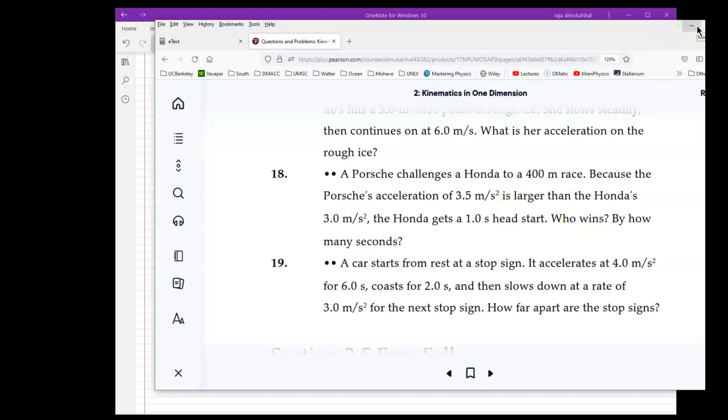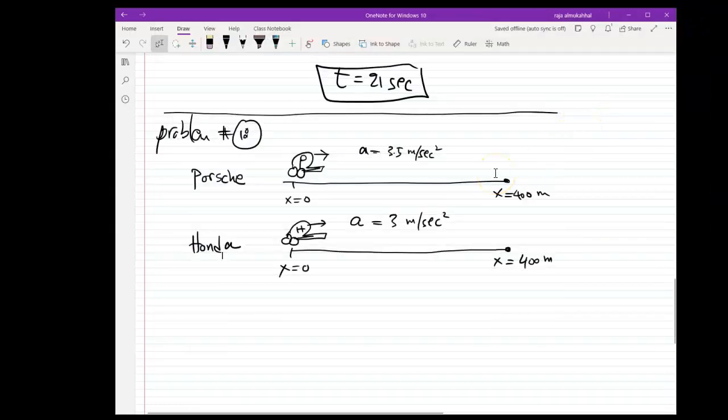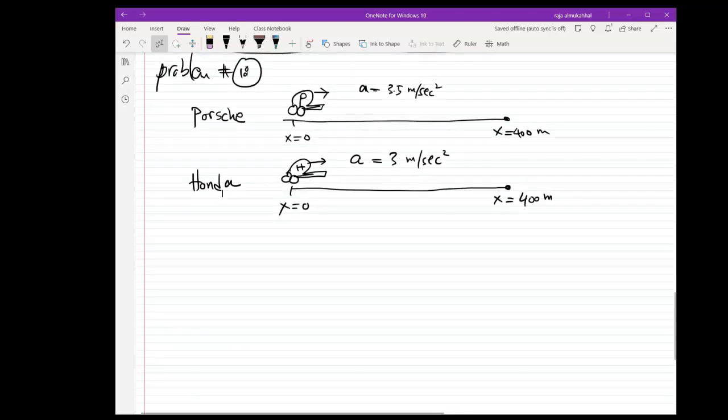All right, so the way we're going to do this is you work out the kinematic equation for the Honda and for the Porsche, keeping in mind that they're both going to travel the same distance of 400, right? So one way to do it is you go like this. The distance traveled for the Porsche, which is 400 meters, is equal to, according to the kinematic equations, v naught t plus 1/2 a t squared, where a here is for the Porsche.